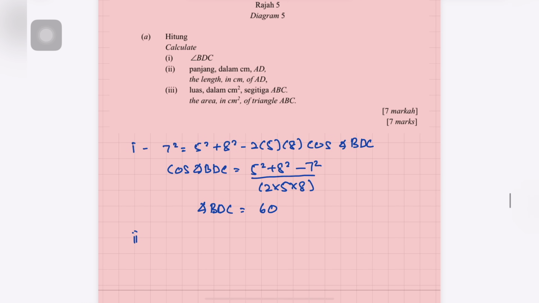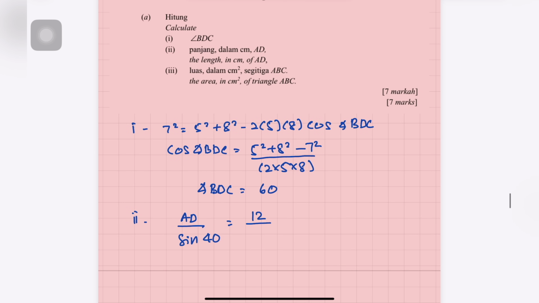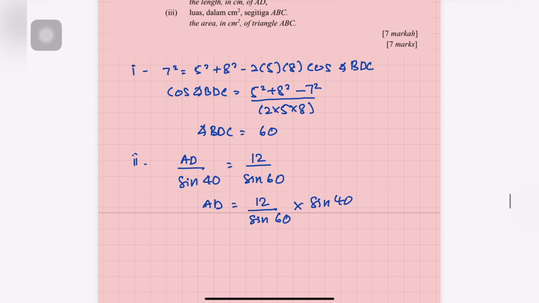So Roman 2, AD over sine 40 equals 12 over sine 60. Okay, so then AD equals 12 over sine 60 times sine 40. So then kita calculate, kita dapat the answer is 8.9067.